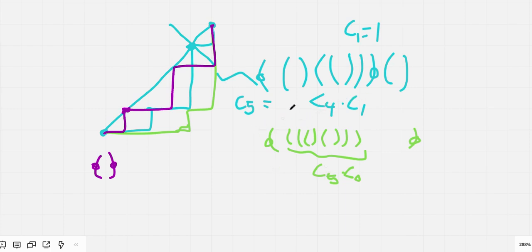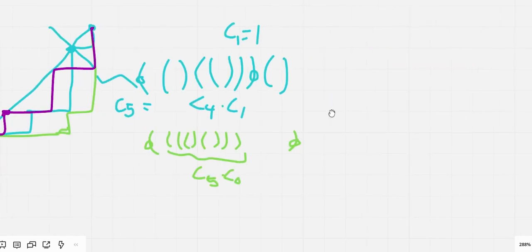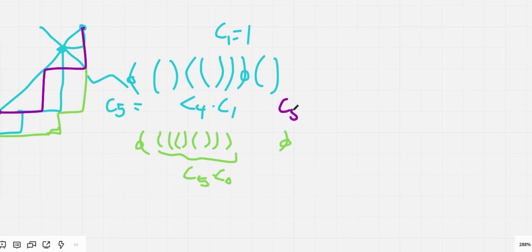Over all possible C5s, we get that C5 is equal to, hold on, I'm sorry. This should be C3, and this is C1. This C3 and C1, and this should be C4.